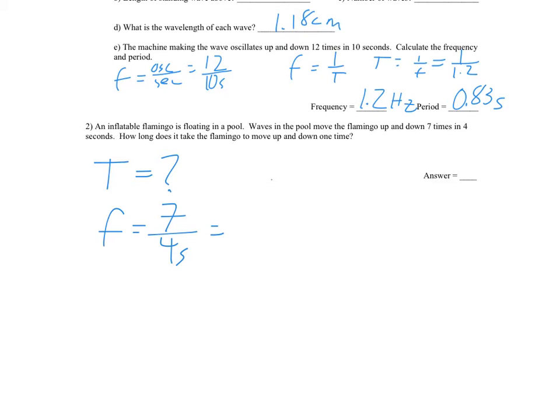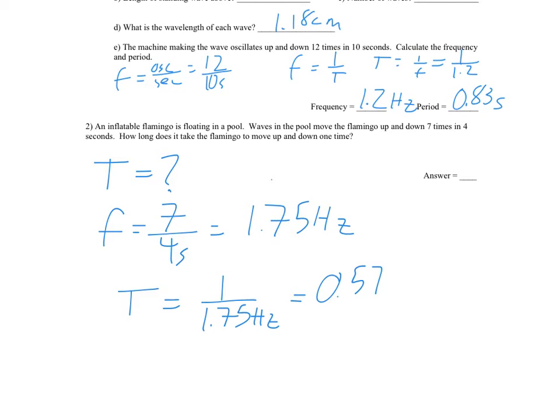So 7 divided by 4 is 1.75 hertz, but that is not the answer. To get the period is 1 over the frequency, so 1 over 1.75 hertz, and we get 0.57 seconds. That's our period and our answer.